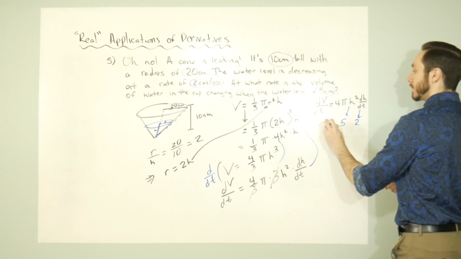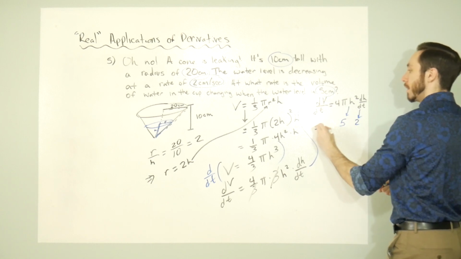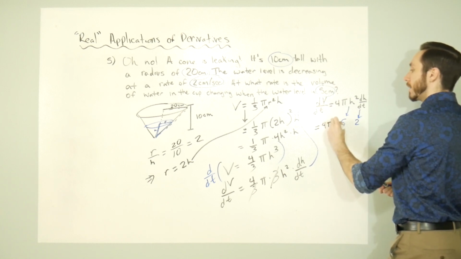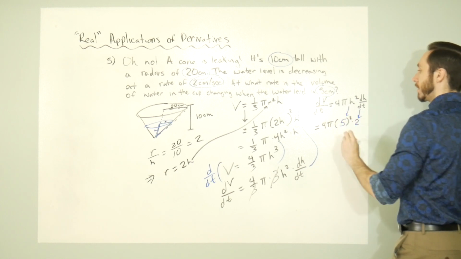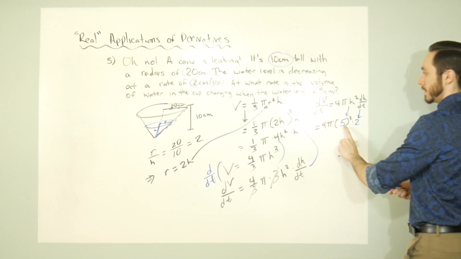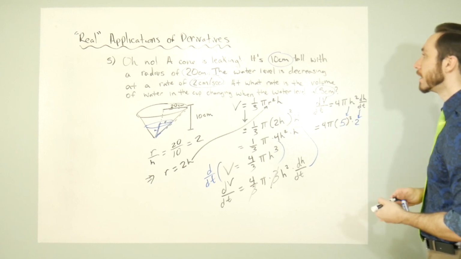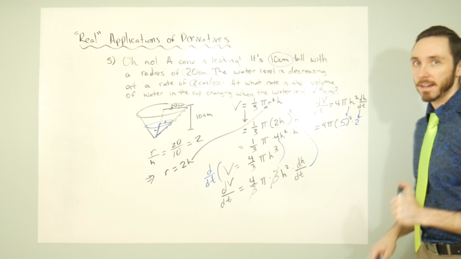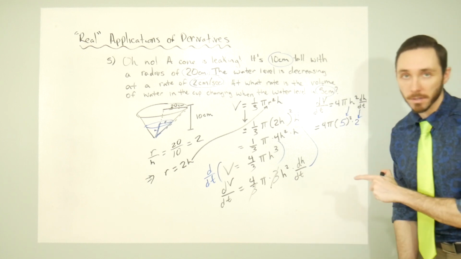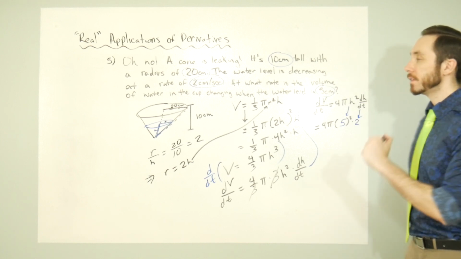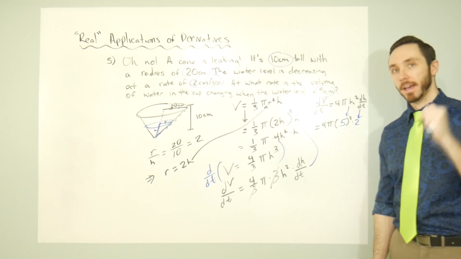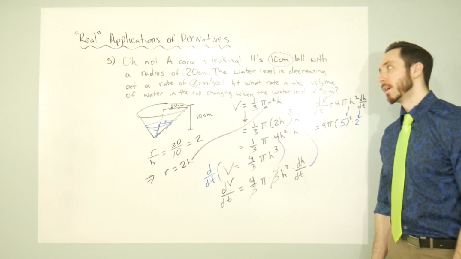Okay, here's the big finish. So 4 pi times 5 squared times 2. I did a thing that I should be hypercritical of. One of these values is wrong. Water level is decreasing at a rate of 2 centimeters.